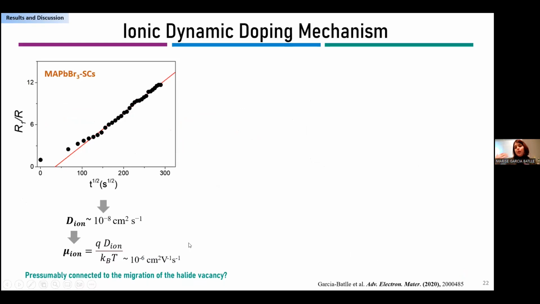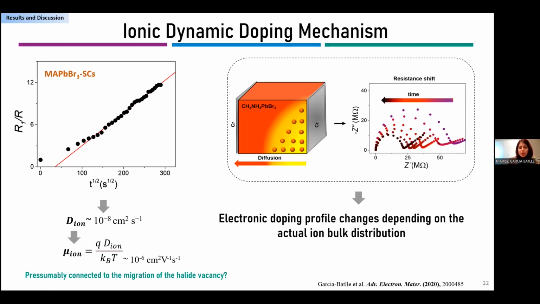Because these values were obtained before, we can observe that they are in good agreement with those values reported in the literature, but they can presumably be connected to the halide vacancy. At this point, we were not sure, but of course, in the next slide, I will try to explain this.